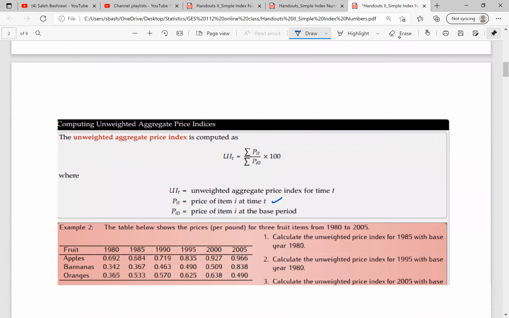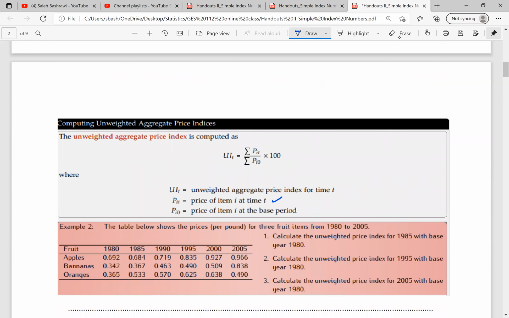For example, let's have this one. The table below shows the prices per pound for three fruit items from 1980 to 2005. We need to calculate the unweighted price index for 1985 with base year 1980.